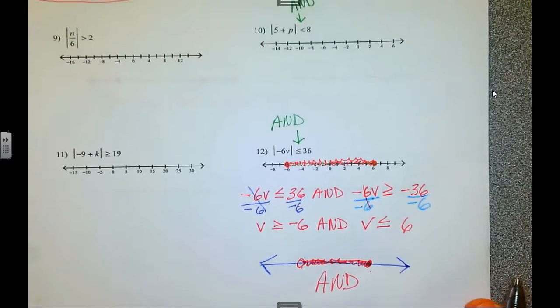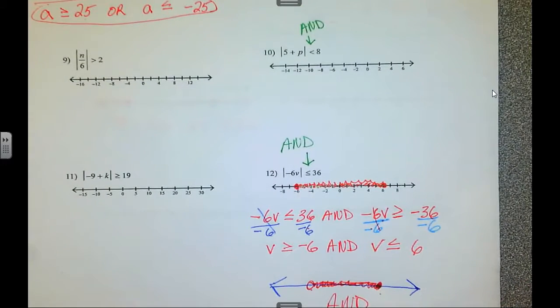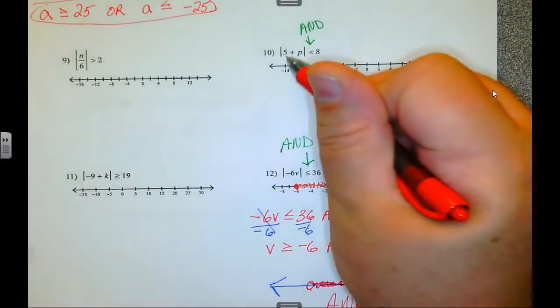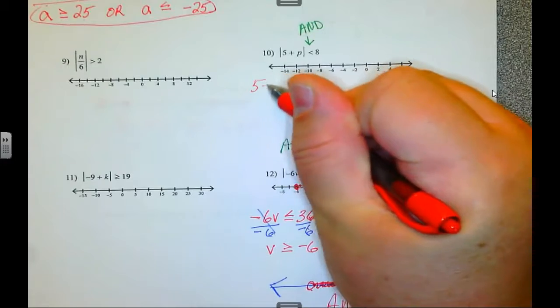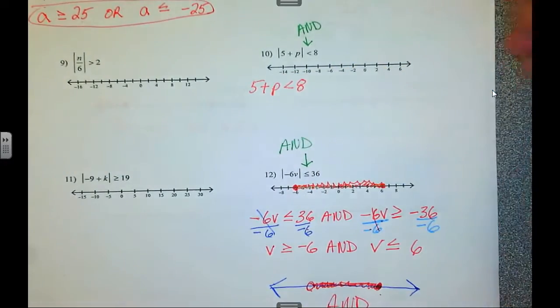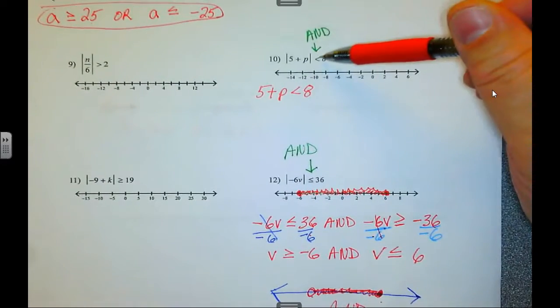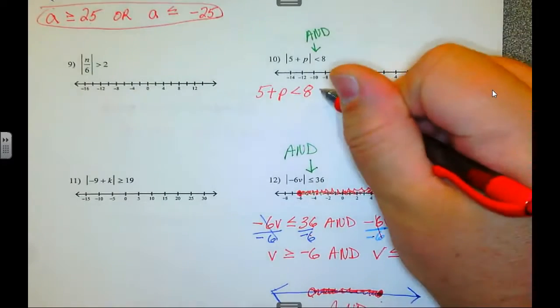So let's go up and do number 10. Okay, my two statements, take what's inside, 5 plus p, keep everything the same. I already identified this as an and statement because it's a less than symbol.